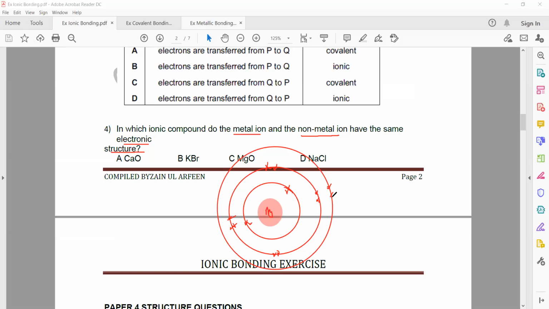That's magnesium. About oxygen, oxygen has a total of 8 electrons, and 6 electrons in the outermost shell. So the first shell will have 2 electrons, and the second shell will have 6 electrons.